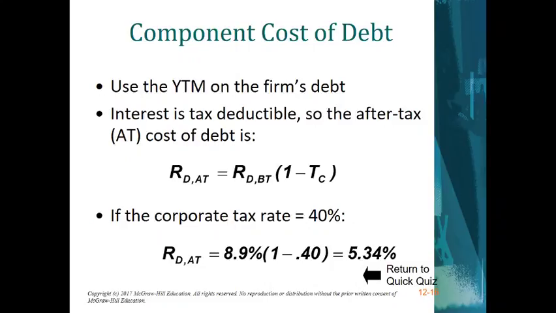Our yield to maturity is 8.9%. If our corporate tax rate in this instance is 40%, then the after-tax return is 5.34%.